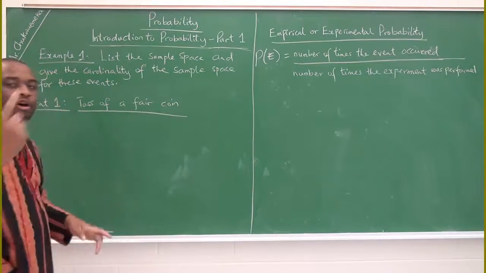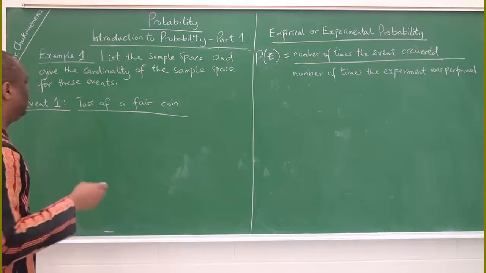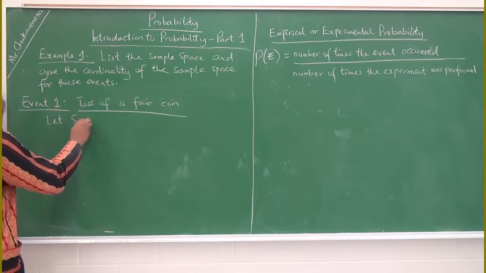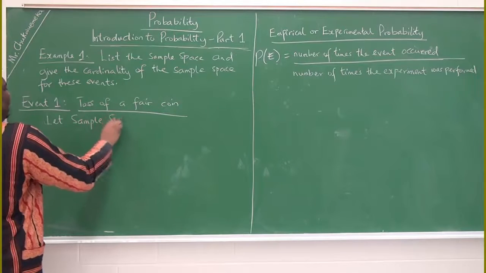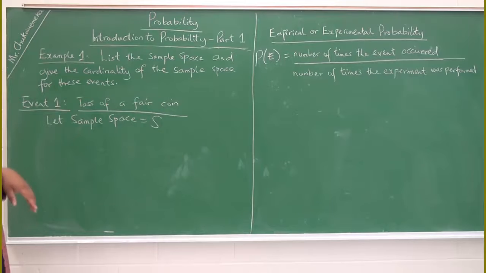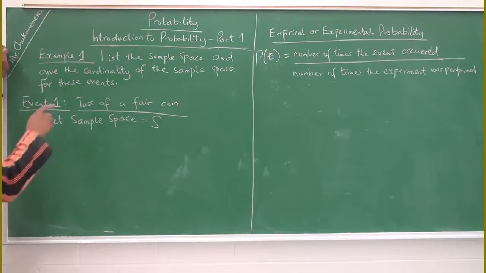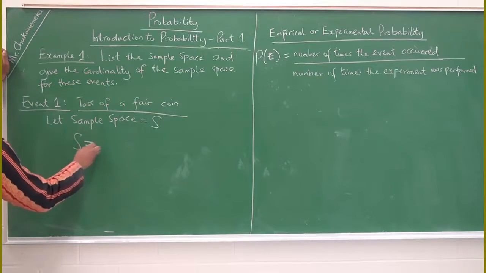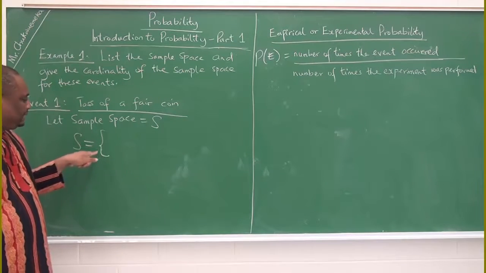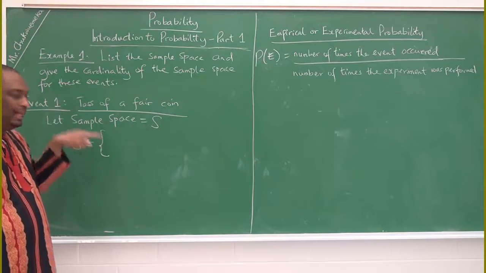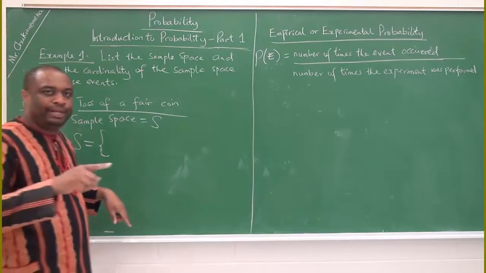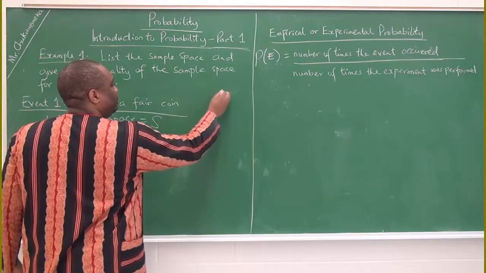When you toss a fair coin, of course, our sample space, anytime you see the sample space, we usually denote it as S. So, if we say toss of a fair coin, the sample space will be the set of, please, this is not parenthesis. It is braces, and this is the way you write it.